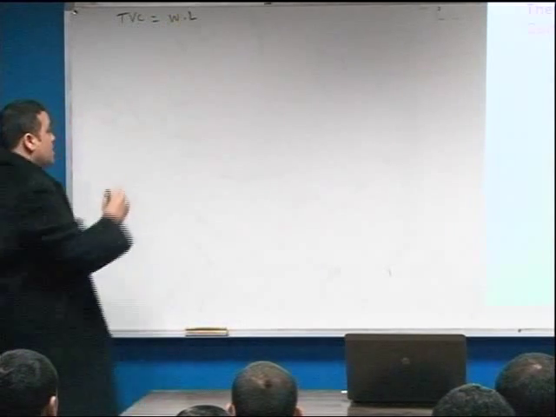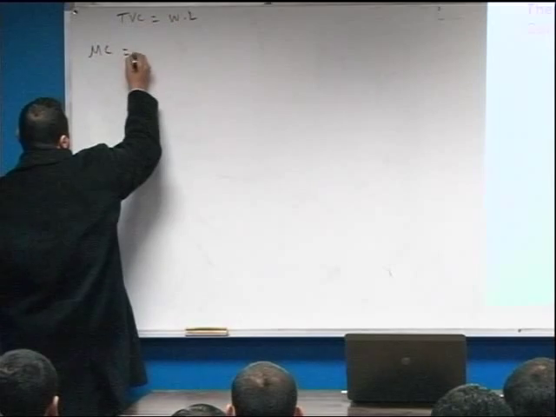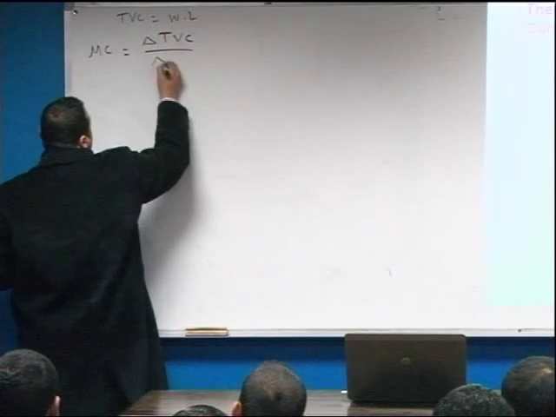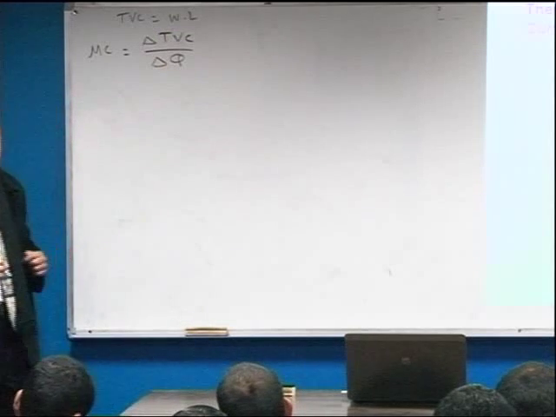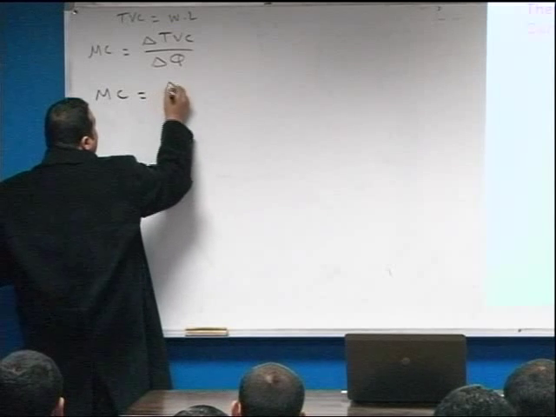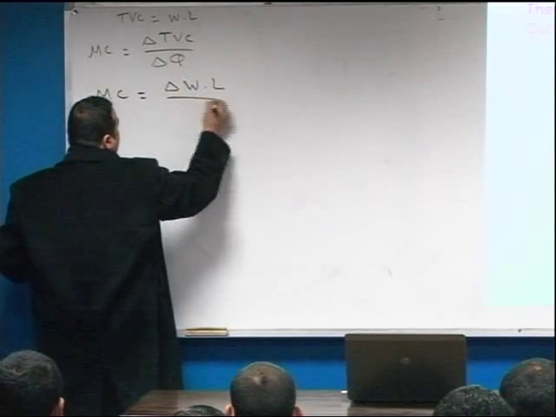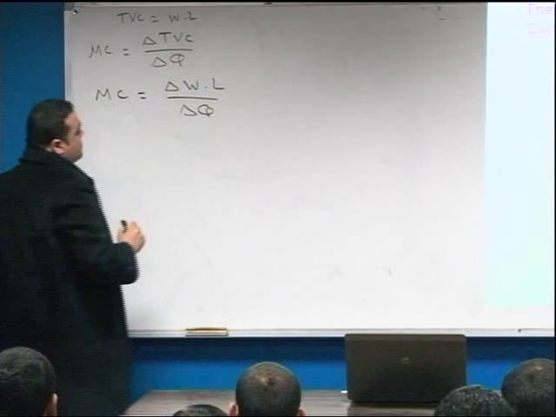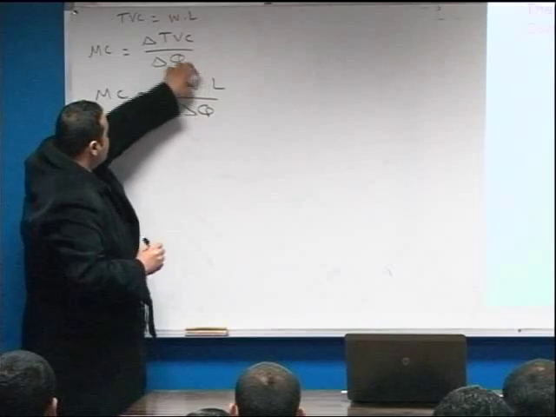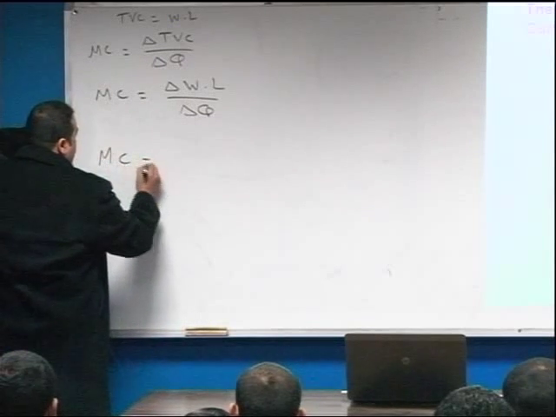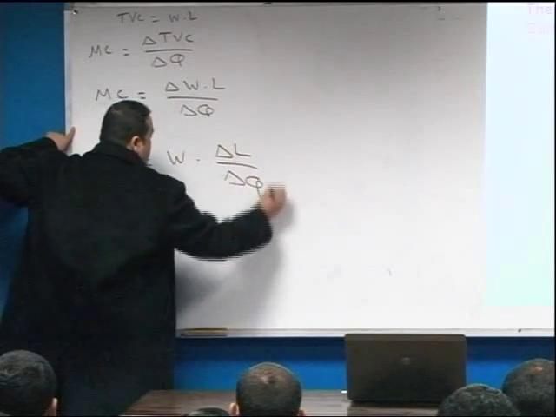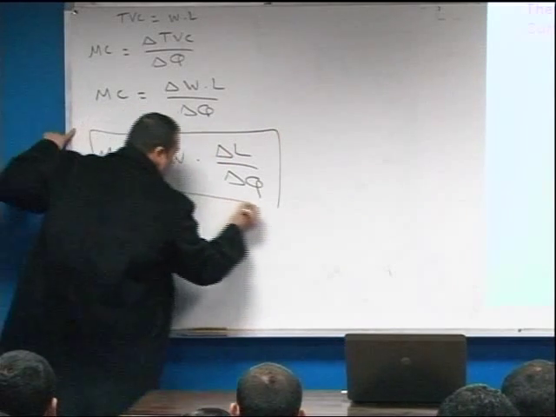And the marginal cost, as you know, equals the change in TVC over delta Q, right? So MC equals delta W times L over delta Q. In this case, MC equals W times delta L over delta Q, right?